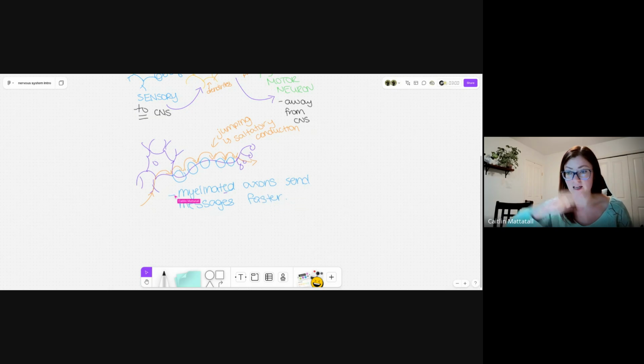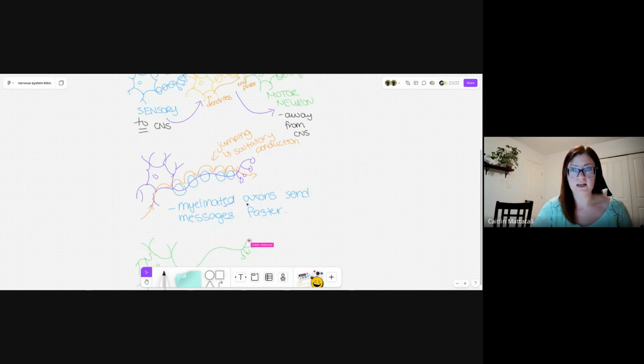Okay, because again, they just have to jump. On the other hand, an unmyelinated axon just looks like this. Okay, it's a little sad.